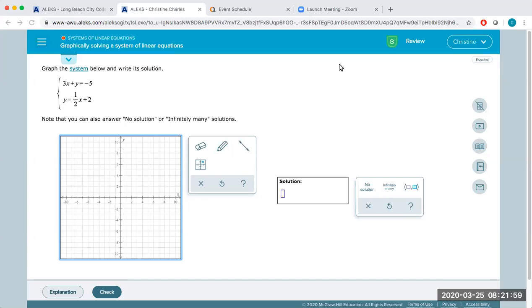Basically, remember my favorite method is the slope-intercept form method. That's essentially just isolating y for both of your equations, and then you use your y-intercept and your slope to help you graph your line. So let me go ahead and make some text here.